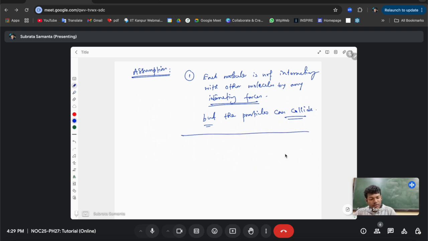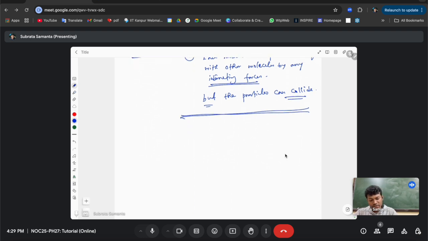Let's slightly deviate from this. What is actually thermal physics? Thermal physics determines the macroscopic properties of a system. This is basically a side note.